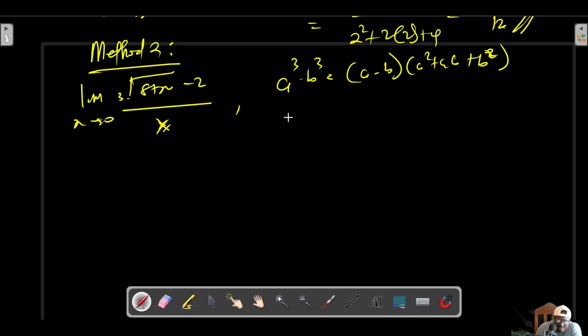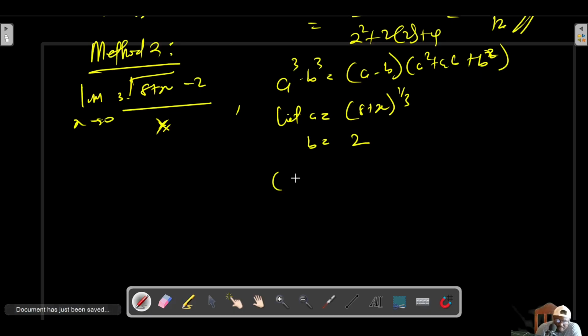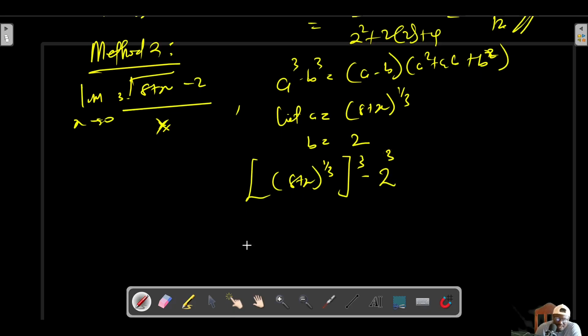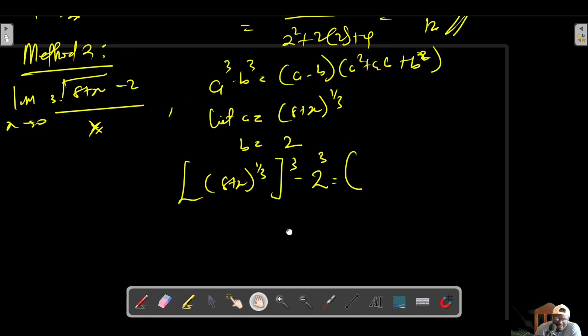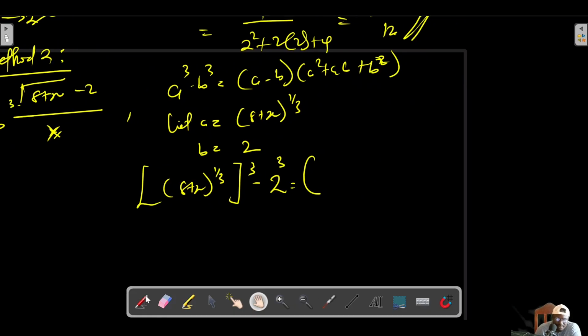So let our a be the cube root, which can be written as 8 plus x all raised to the power 1 over 3, and let our b be 2. So 8 plus x all raised to the power 1 over 3, cubed, minus 2 cube gives us a minus b.